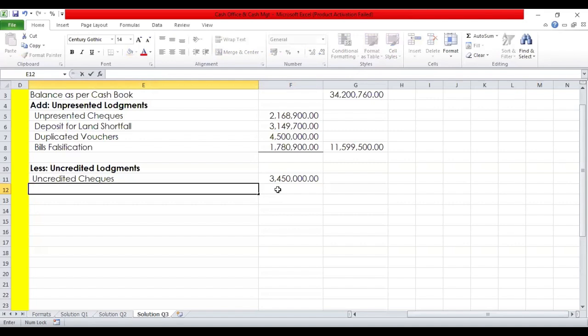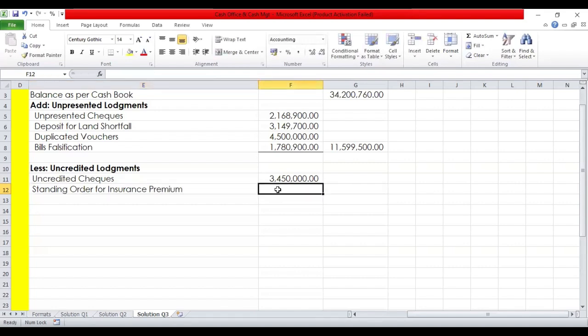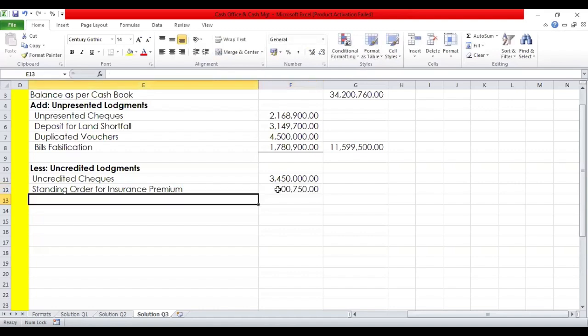Standing order for insurance premium. How much? 100,750. What else again?